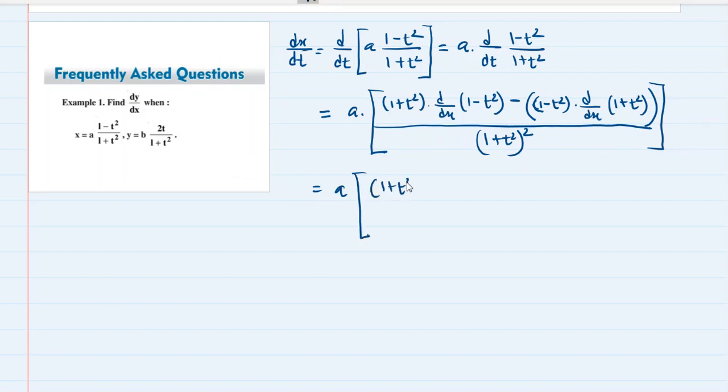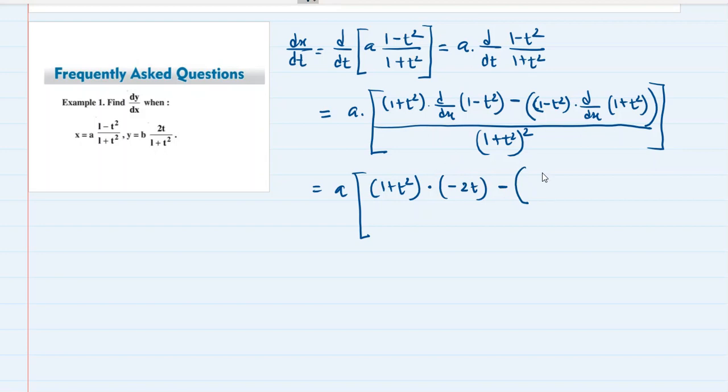1 plus t square multiplied by, I will directly find the differentiation. So d by dt of 1 is 0 and d by dt of minus t square is minus 2t. So 0 minus 2t is nothing but minus 2t.